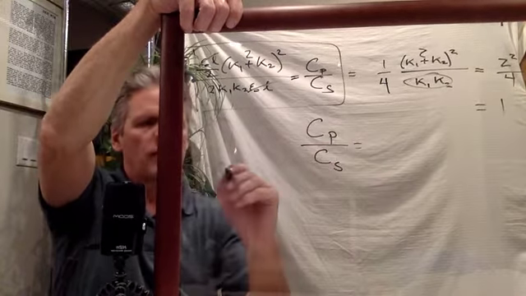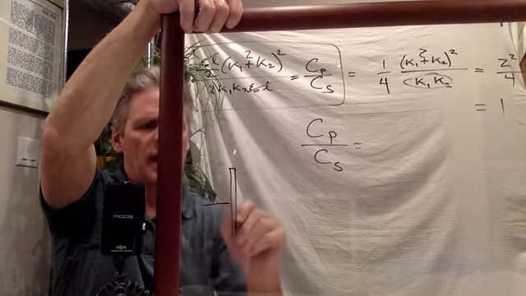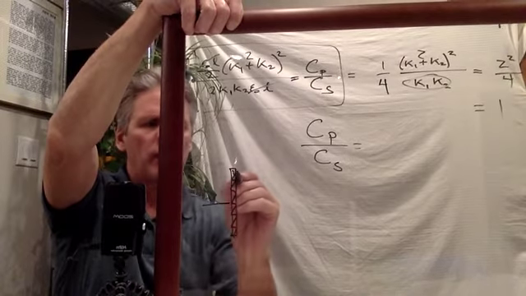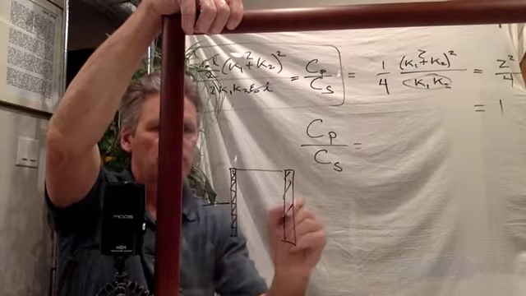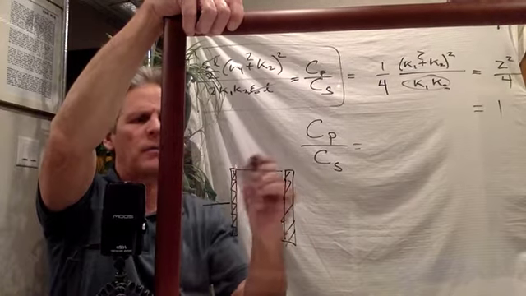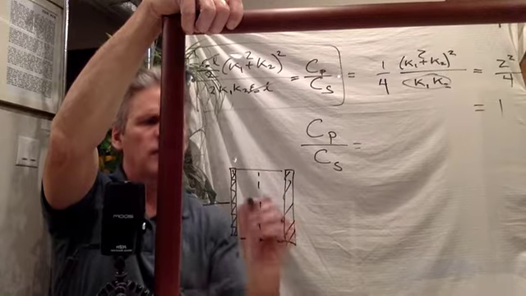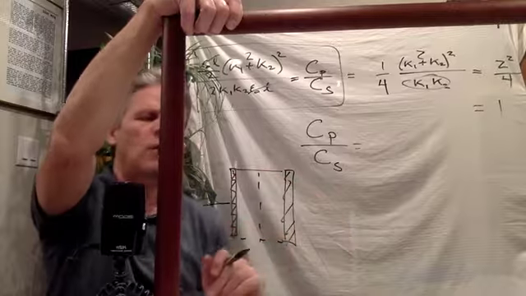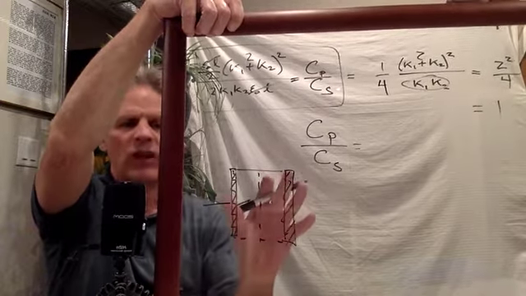So, let's look at what that means. What did we have to start with? We had an L by L square separated by a distance of L that happened to have some dielectric in here. Then we took this dielectric and we turned it another way. Did the L by L by L shape change? No, there's no change in that volume.